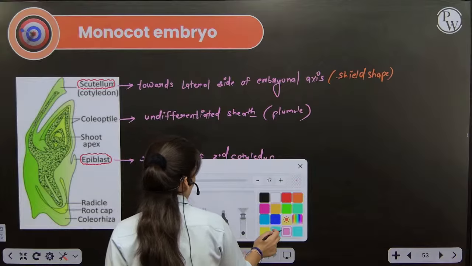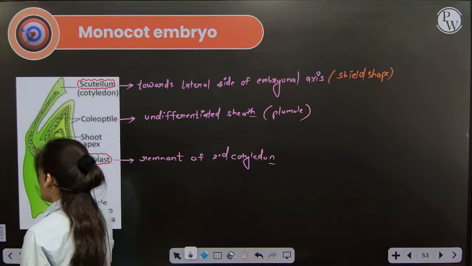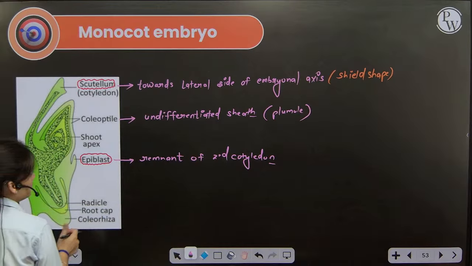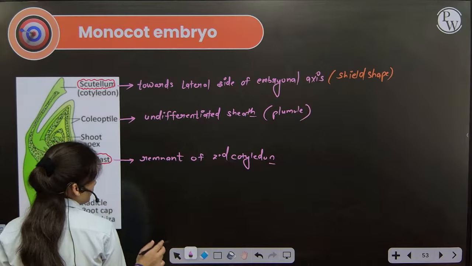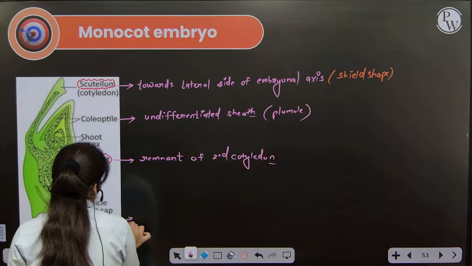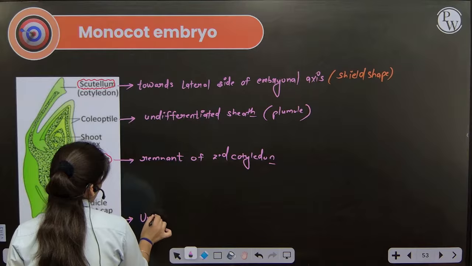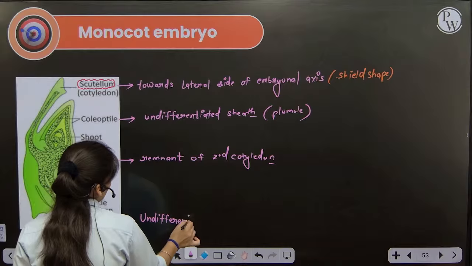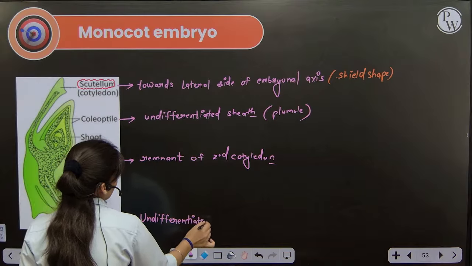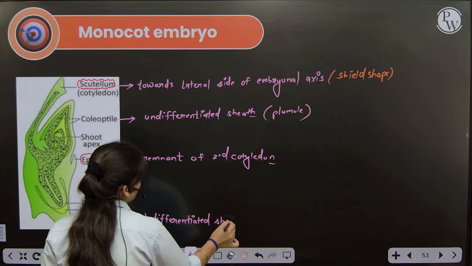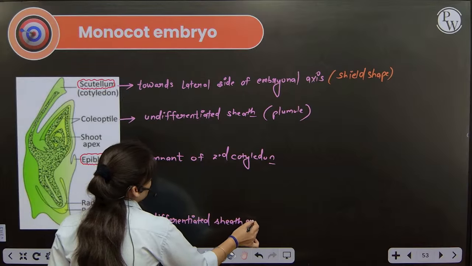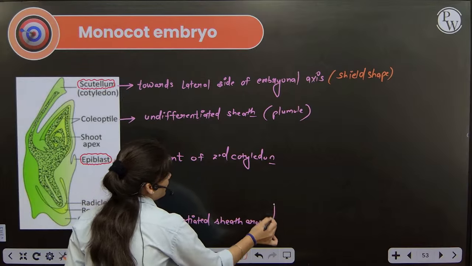Then radicle. Radicle helps in root formation. Coleorhiza is the undifferentiated sheath around the radicle.